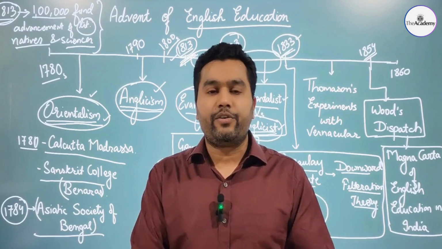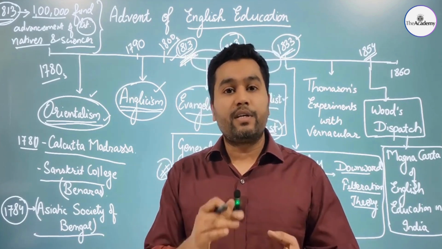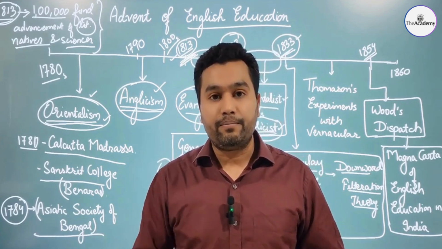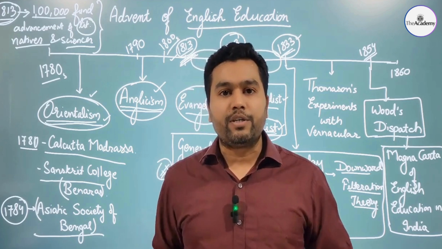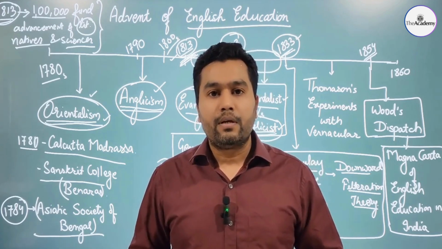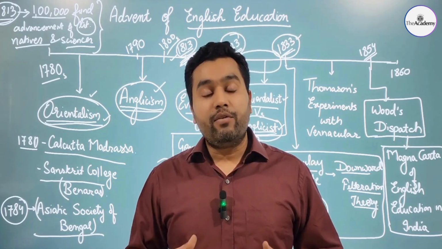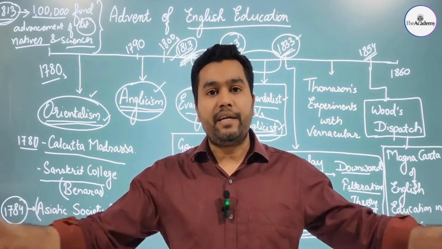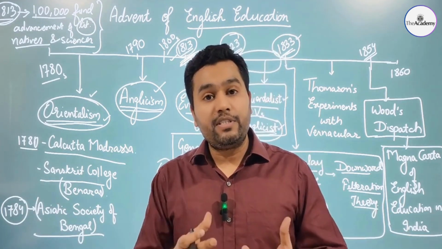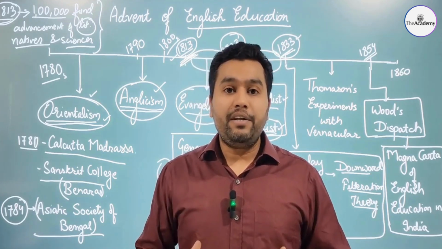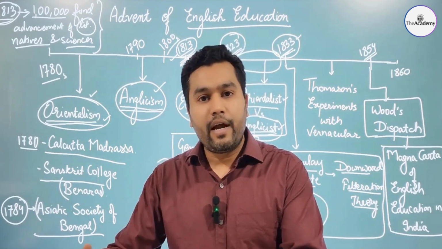Now the Governor General was to be Governor General of India. New territories were being annexed, brought under control. The English were required to administer larger territories now. However, the English were always dependent upon the Indians for subordinate administration.